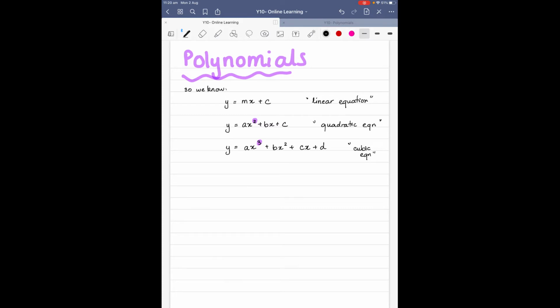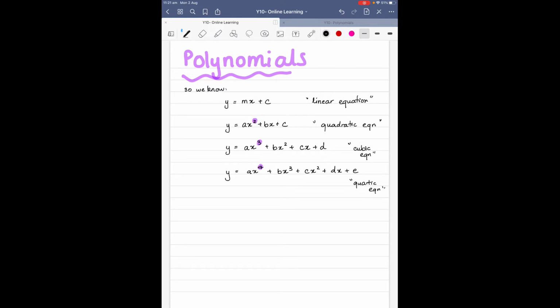Right? Let's go up one forward. Let's say we have the highest power is now 4. And then the second power is 3, 2, 1 power, no x. Because 4 is the highest power here, we call it a quartic equation.